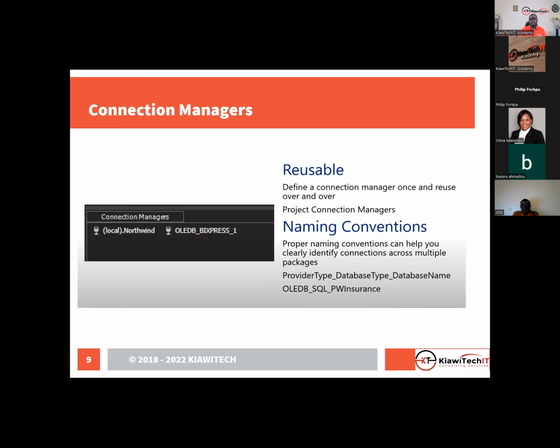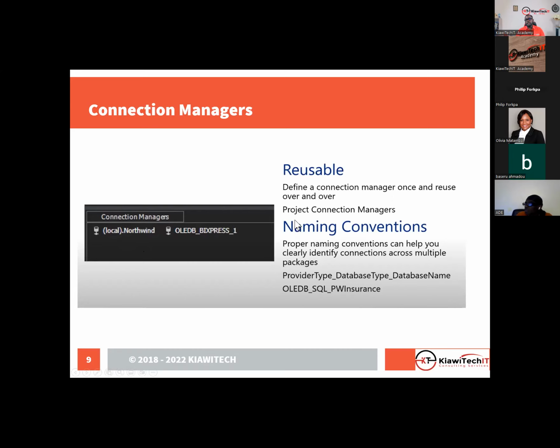So now, like I said, connection managers. A connection manager will help you connect to different sources. It defines the connection strings to different data sources. Now, once a connection manager has been established, you can always reuse it, right? Unless it's deleted.